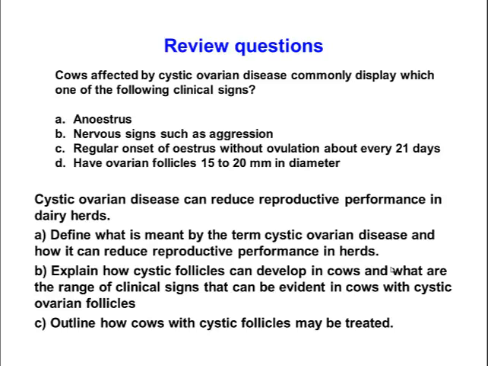In more chronic cases, you may treat them with a combination of treatments, such as initially inducing ovulation with GnRH or HCG, then treating them with progesterone via a CIDR or a Qmate for 7 or more days.